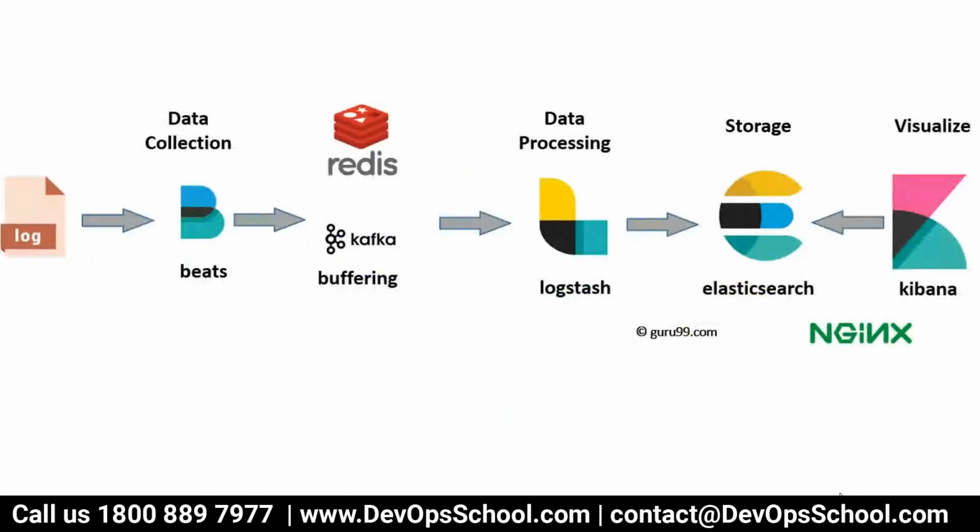Okay, a little bit more detail if you want to see. Logs are collected by Beats. Beats can send to Logstash. Now here you have a Kafka. Why? Because sometimes Logstash cannot stash all the logs at a high speed, because it requires lots of compute, right?